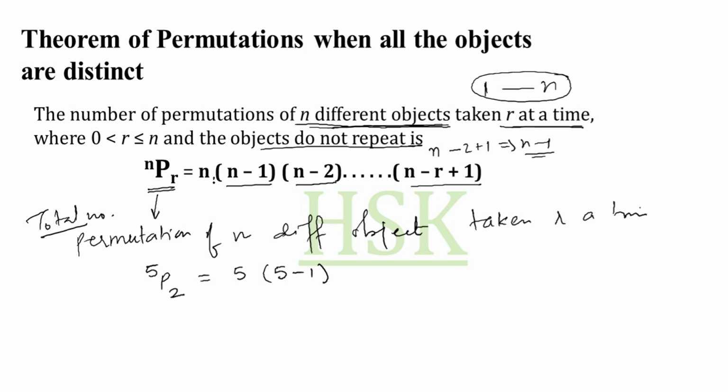So the formula will have only 2 terms. Here, if we are considering 5P2, then it has only 2 brackets. So the number of permutations of 2 objects out of 5 objects is given by 5 into 4, that is equal to 20.